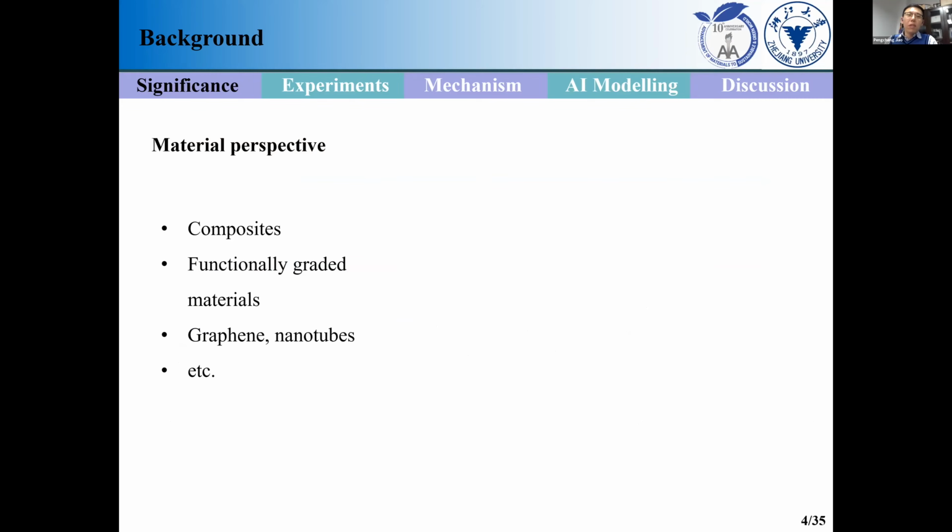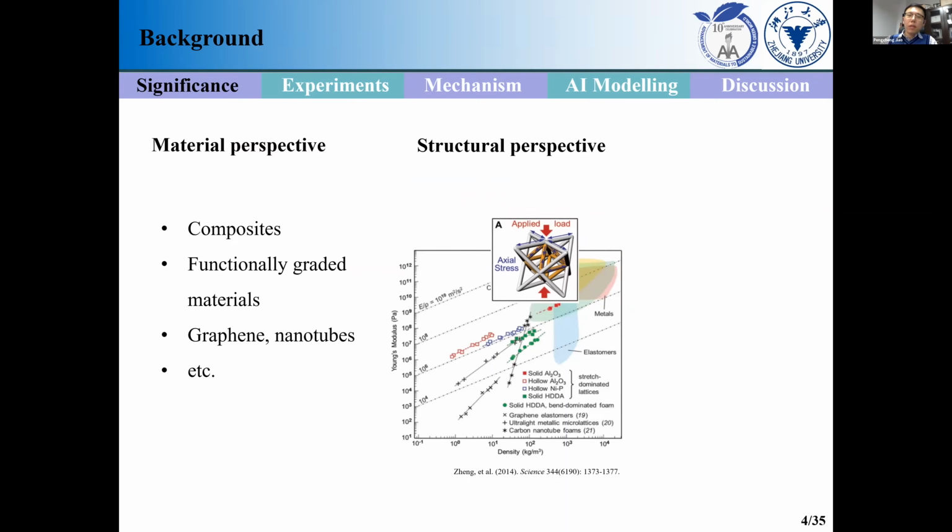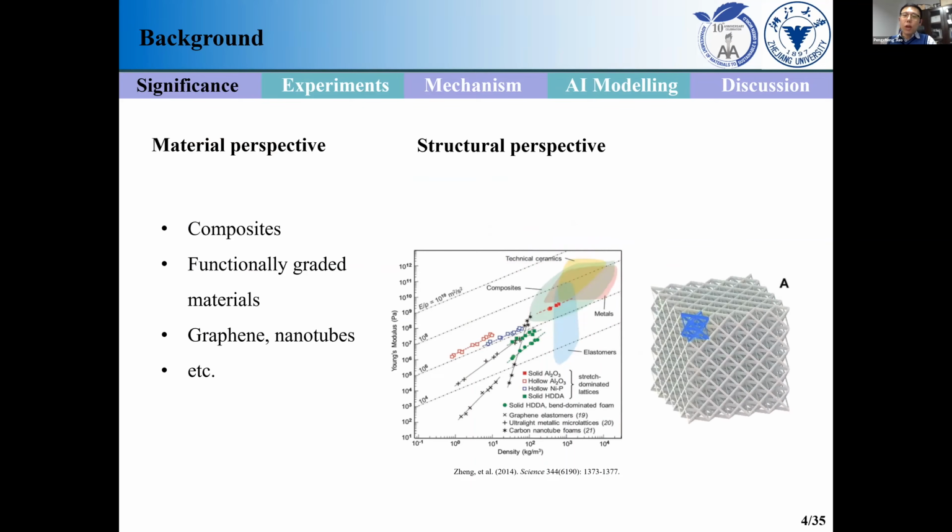One way is from the material perspective, such as we change the materials from natural to composite to functionally graded, right? Those human-made materials. And the other strategy is from the structural perspective, such as in this study, researchers developed the concept to assemble small units together into a big overall structure, such that the overall structure has the same geometry, overall geometries, right?